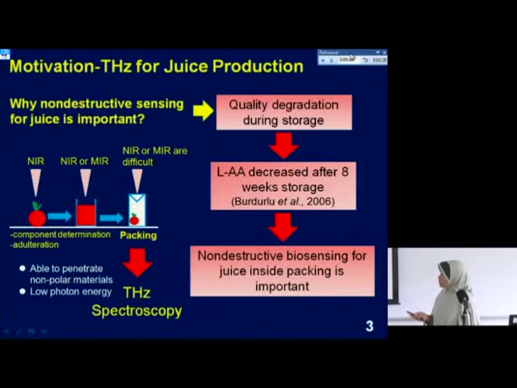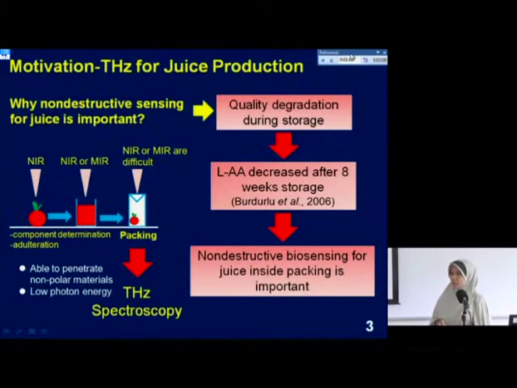Then, why is such a kind of non-destructive sensing for juice important to be developed? In a previous study, it has been reported that there is quality degradation of juice product during storage or transportation. For example, L-ascorbic acid content in juice product decreased after each week of storage.